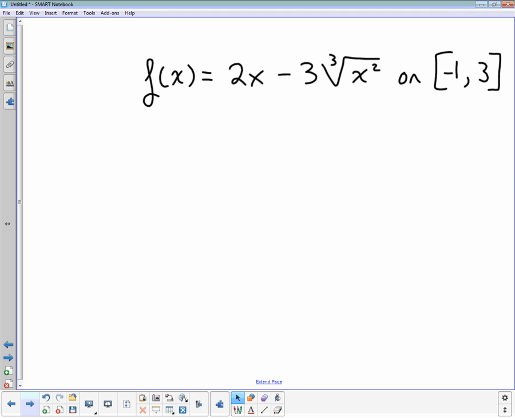All right, so this is your new thing to play with. Let's find and label all of the extrema. You can do it on your paper.